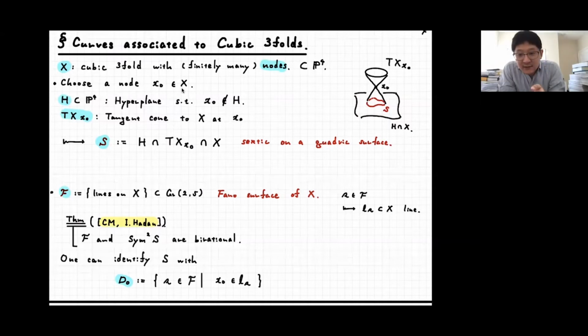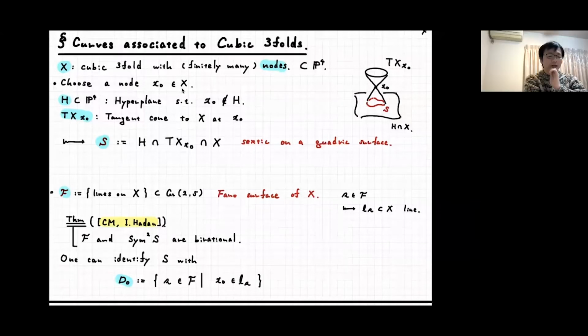I'm sorry, why is H intersection not a cubic surface? Oh, no. H intersection T_X x naught is, I see, a quadratic surface. Yes. And finally, by taking the intersection with X, we obtain the sextic.